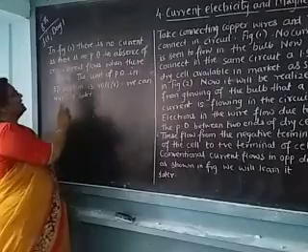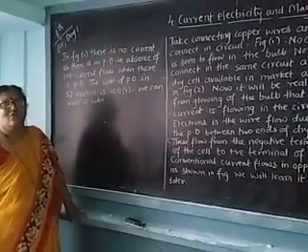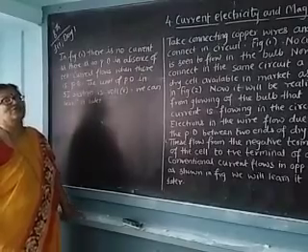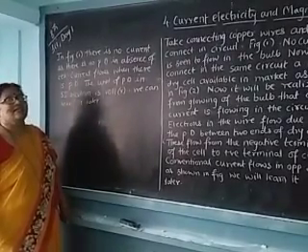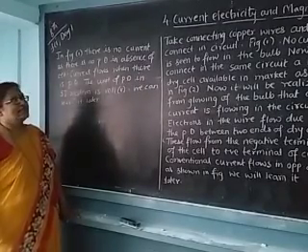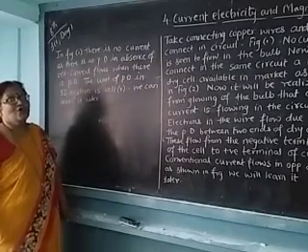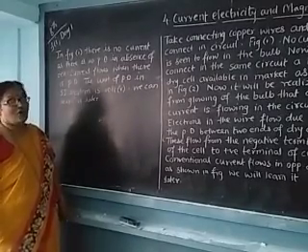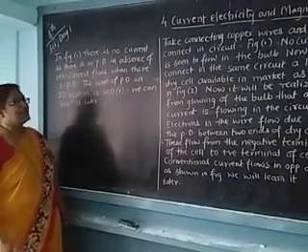Current flows only when there is a PD. In the second diagram, as there is a cell, there are 2 points created there, so a potential difference is created. Therefore the electrons flow from one terminal to the other terminal.